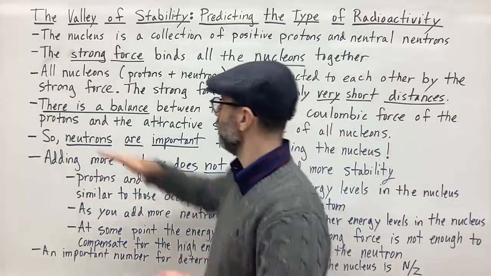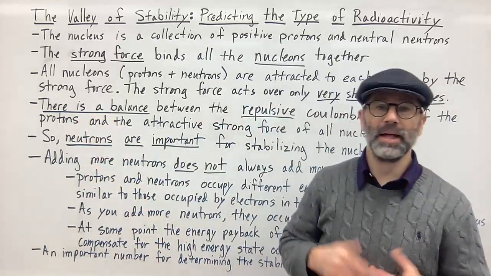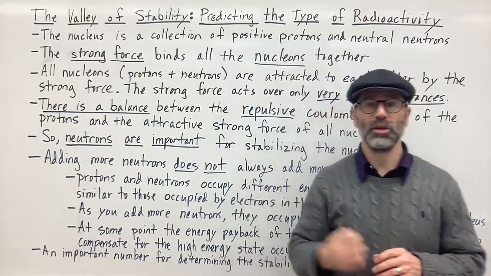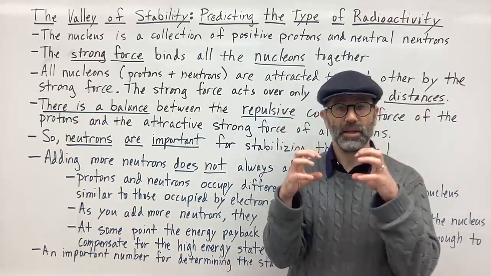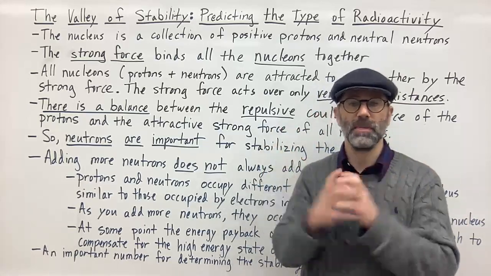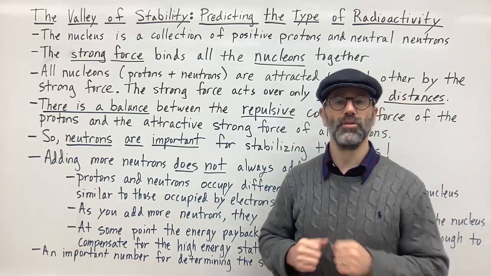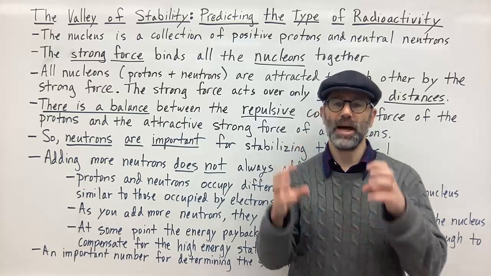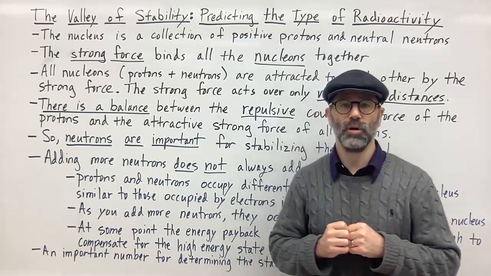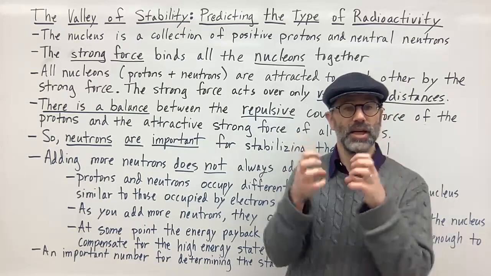So there's a balance between the repulsive Coulombic force of the protons, which want to repel each other and push each other away, and the attractive strong force of all the nucleons holding it together.